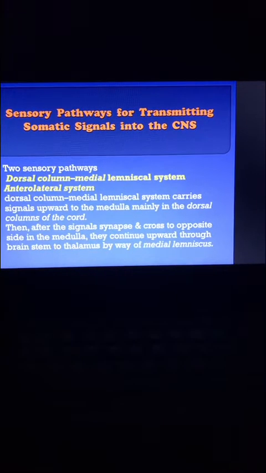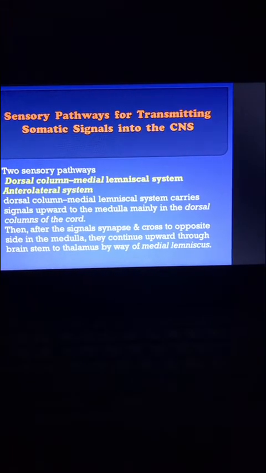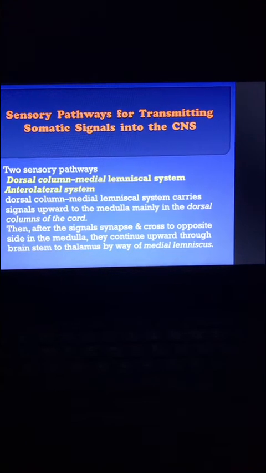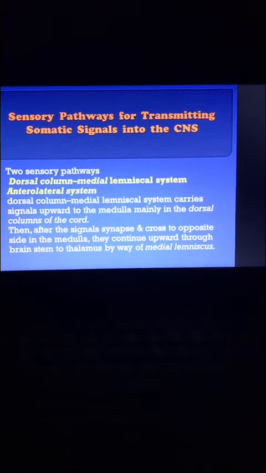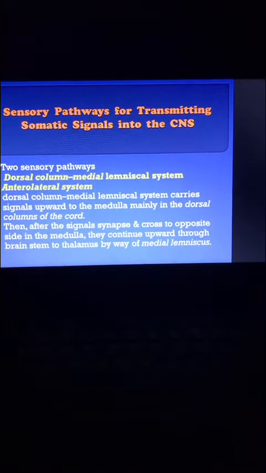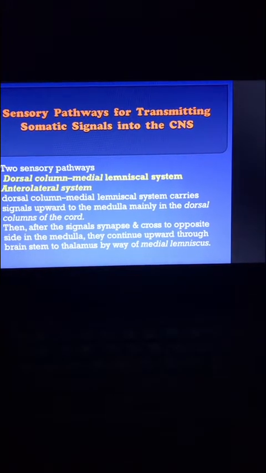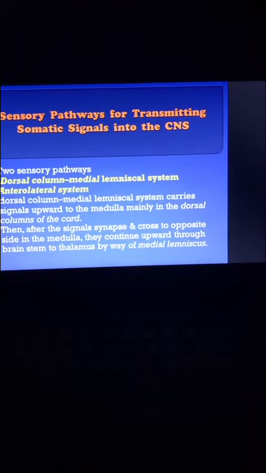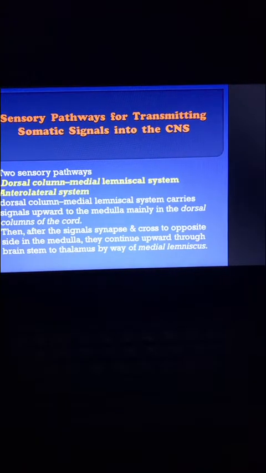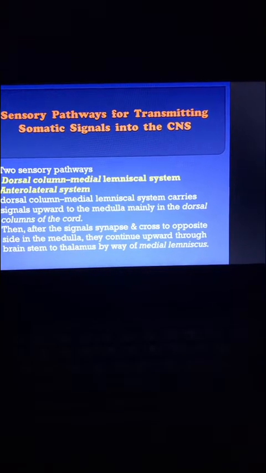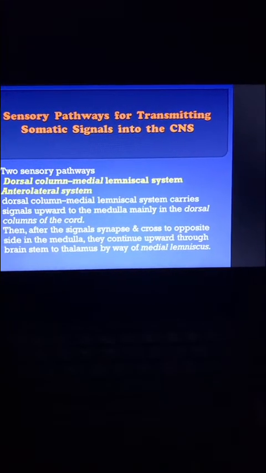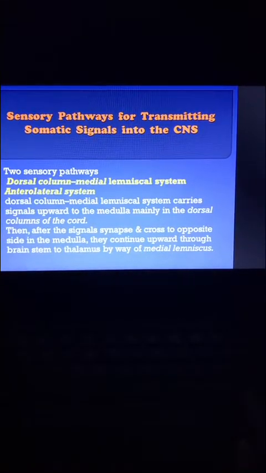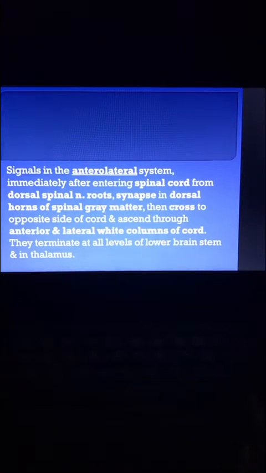The dorsal column medial lemniscal system carries signals upward to the medulla, mainly in the dorsal columns of the cord. After the signals synapse and cross to the opposite side in the medulla, they continue upward through the brainstem to the thalamus by way of the medial lemniscus.